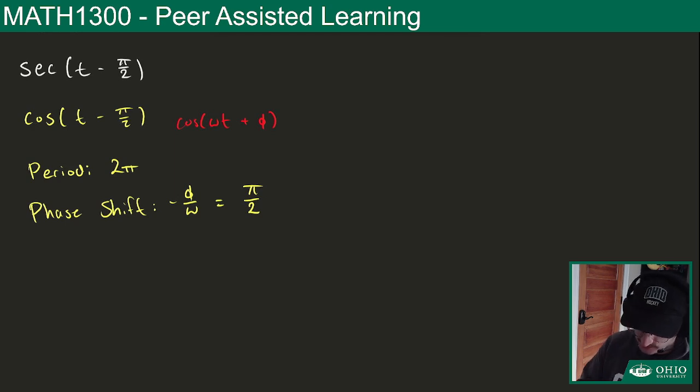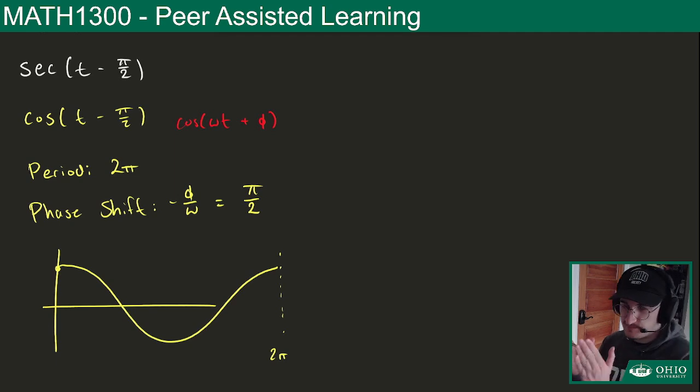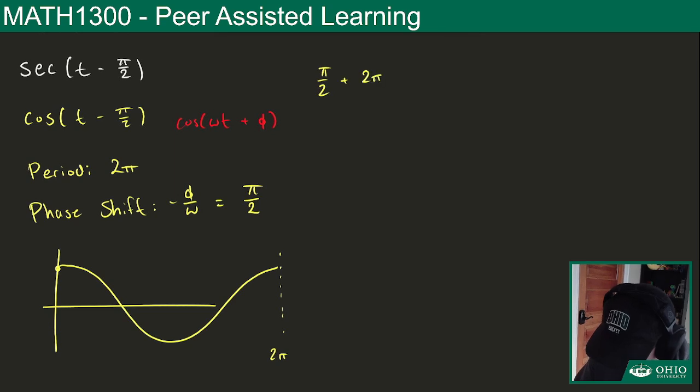Remember, cosine looks like this sort of graph. It starts at 1, then makes a full cycle, and that would typically have a period of 2 pi. In this case, we're shifting over by pi over 2, and we're still traveling 2 pi. So if I want to find the full distance that cosine travels, I can take pi over 2 plus 2 pi.